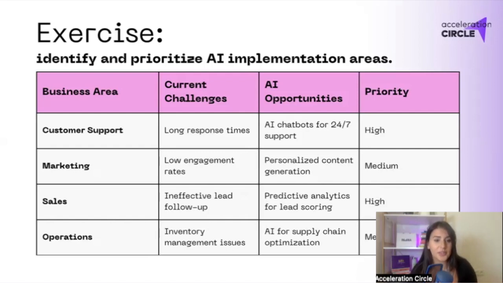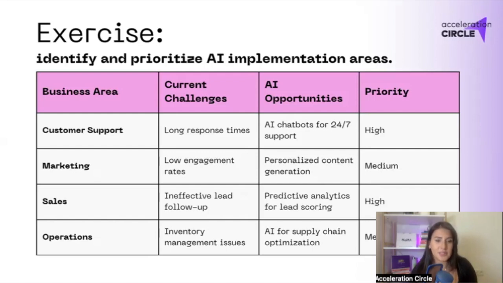For example, high priority is customer support because we don't have, let's say, enough agents or call persons, so we can't respond very quickly, and we have long response time. That's why our customers are unsatisfied, and we can implement AI chatbots for 24/7 support, and that will improve our performance.